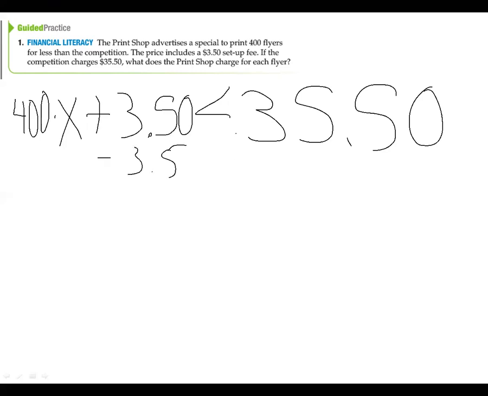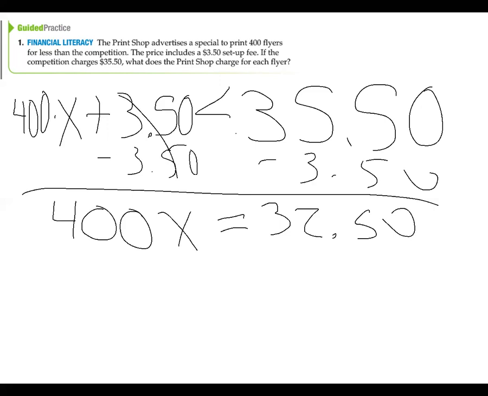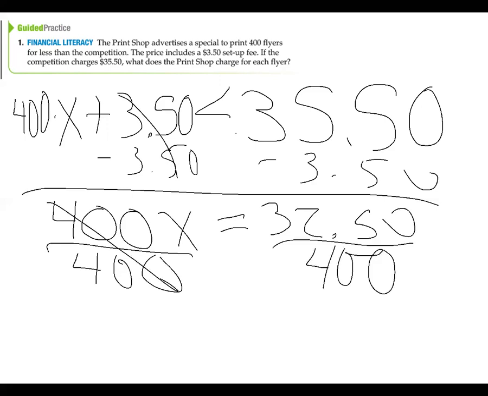So subtract off the $3.50, and you get 400x equals $32.50, and you're going to divide both sides by 400. Let's cancel. You get x equals 0.08125.